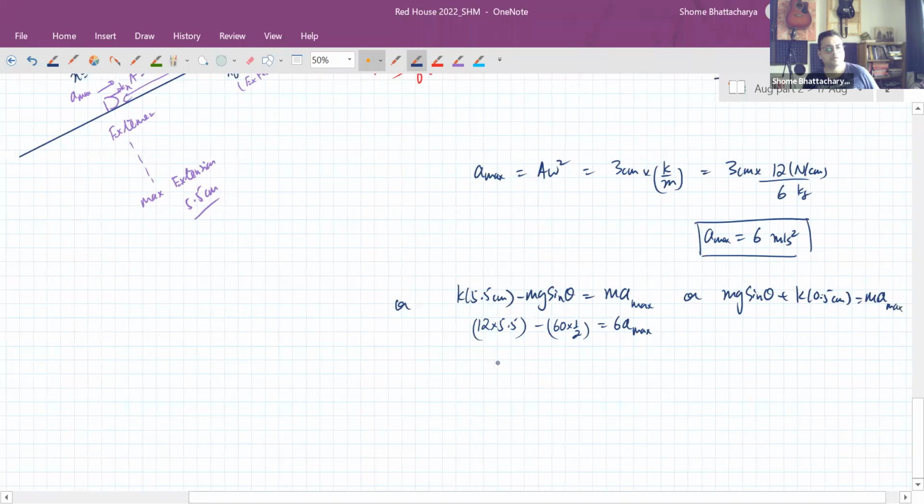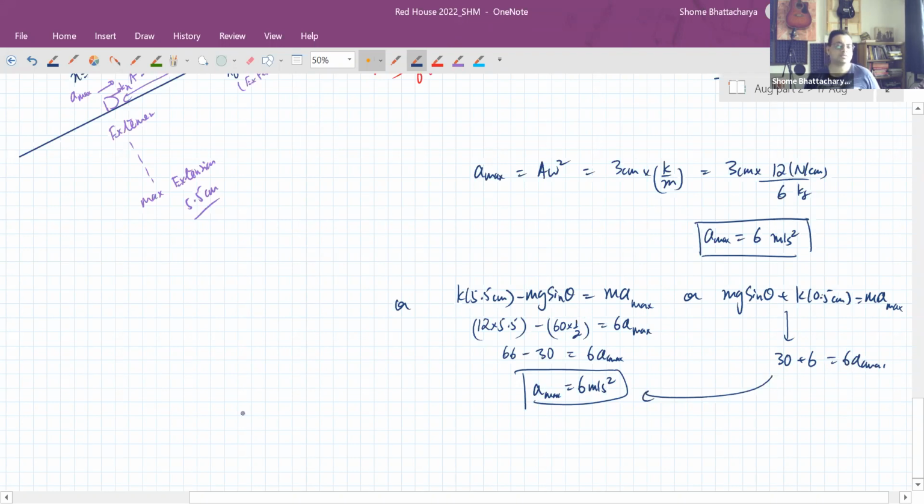Just verify. Okay. So this will be newtons because K is in newtons per centimeter. 66 minus 30 is equal to 6 a max. So a max you can see is 6 meters per second square. This will tell us that 30 plus 6, the maximum acceleration is this one.